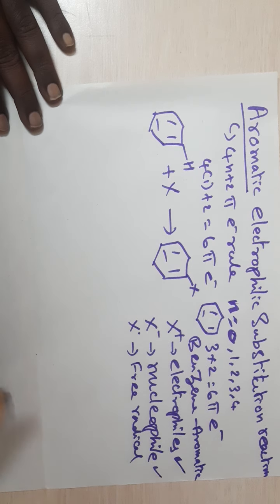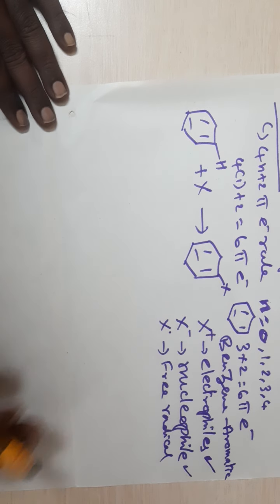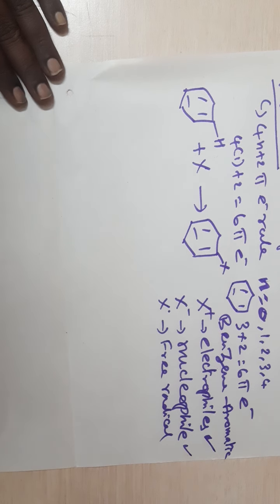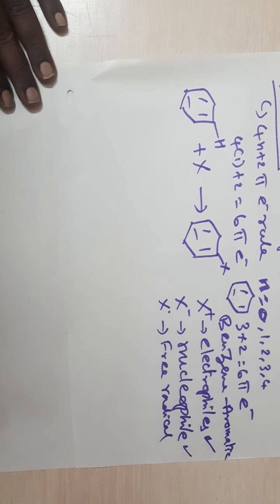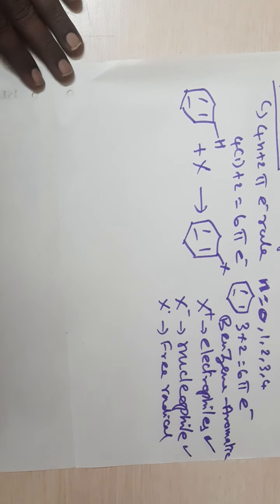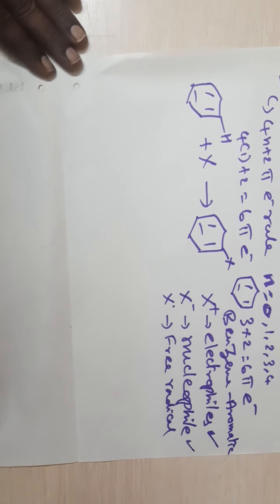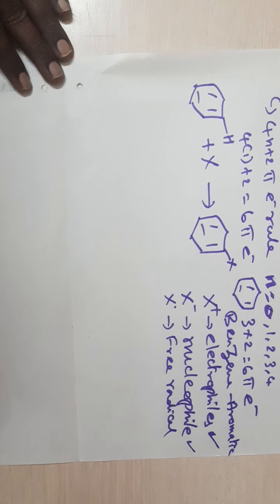From your knowledge of aromatic compounds, you can say that aromatic electrophilic substitution is commonly observed. The reason is aromatic compounds are rich in pi electrons. So they are easily attacked by the electrophiles X plus. So aromatic electrophilic substitution is commonly observed among the substitution reactions of aromatic compounds.